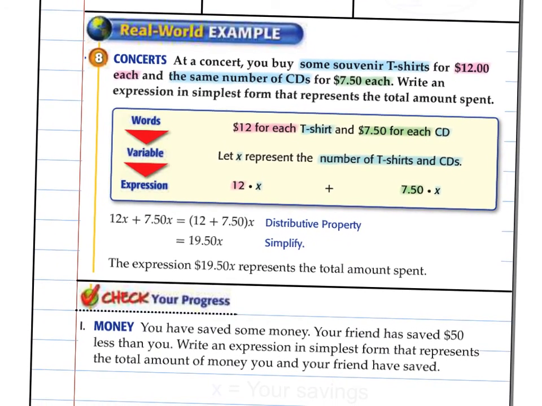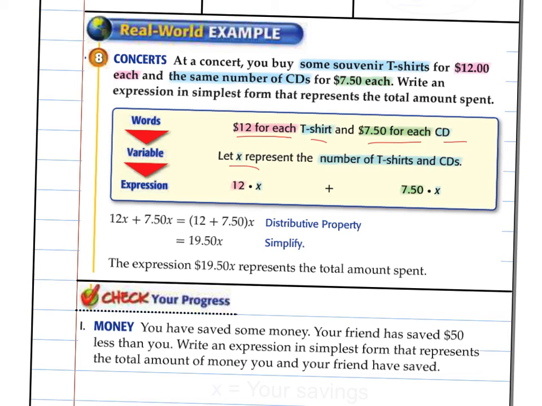Word problems. At a concert, you buy some souvenir t-shirts for $12 each and the same number of CDs for $7.50 each. Write an expression in simplest form that represents the total amount spent. So different parts that apply. So it was $12 for a t-shirt and $7.50 for CDs.